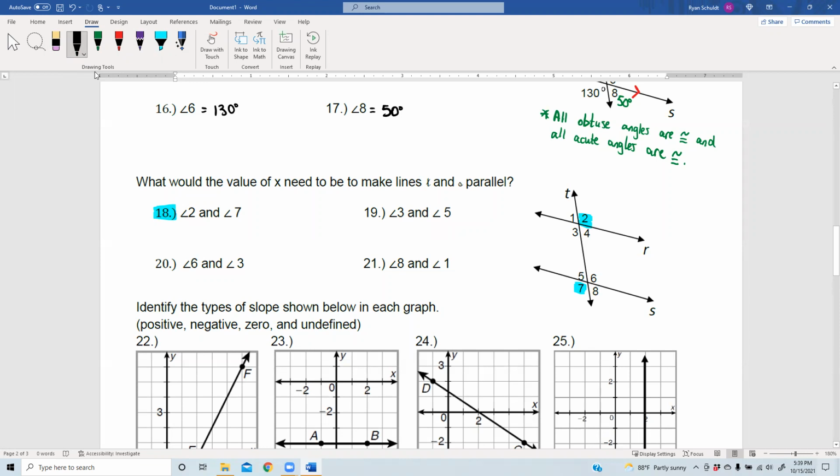No. So that means they're automatically alternate something. Are they on the inside or outside of our railroad tracks? They're on the outside. So these are exterior. These are alternate exterior angles.